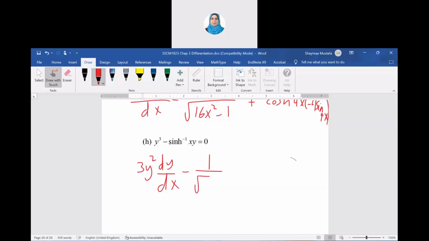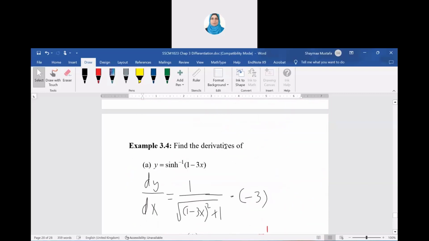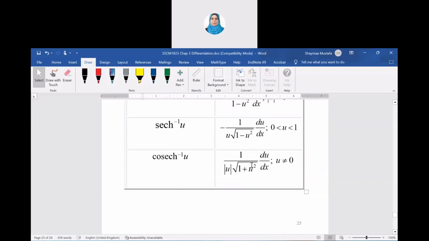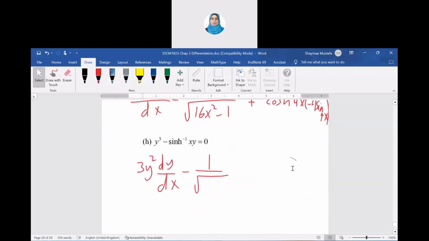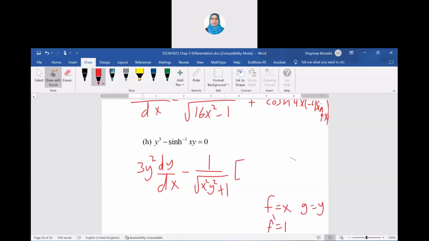The derivative of sine inverse is 1 over the square root of 1 plus x squared, so here we have x squared y squared plus 1. Now xy is a product of two functions. The first function is x, the second is y. So the derivative here is 1, and here it is dy dx.